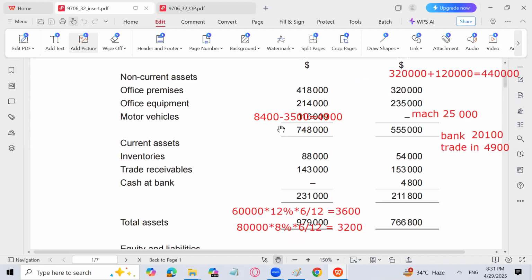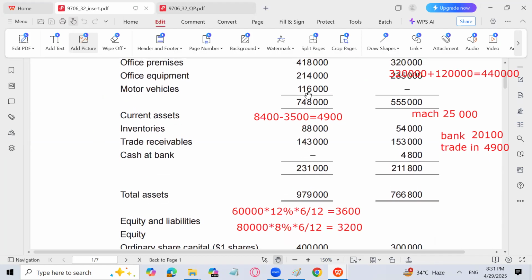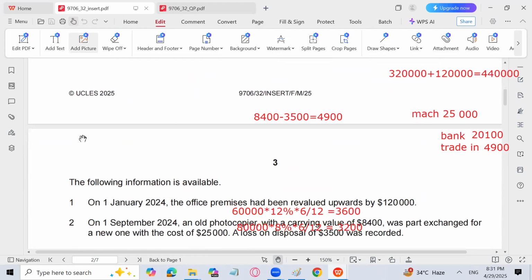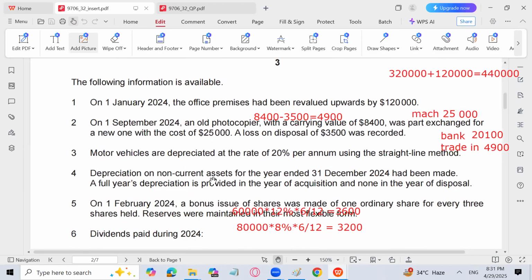Now the motor vehicle, depreciation on motor vehicle. 1,16,000 was newly purchased, and depreciation on the motor vehicle is at the rate of 20% using the straight line method. The problem in this question is that depreciation on non-current assets for the year ended 31st December had been made, which means it has already been subtracted.